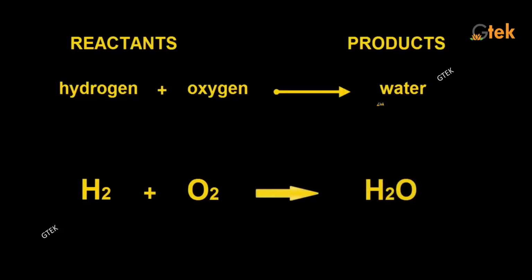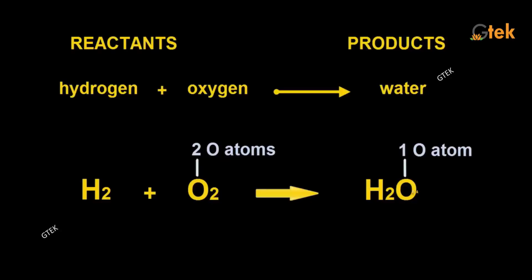So once again repeating it, I got my hydrogen H2 and the symbol of oxygen is O2, becomes water H2O. Here we got 2 hydrogen and 2 hydrogen. It's balanced. But we got 2 oxygen here, but over here I don't have 2 oxygen, only 1 oxygen is here.